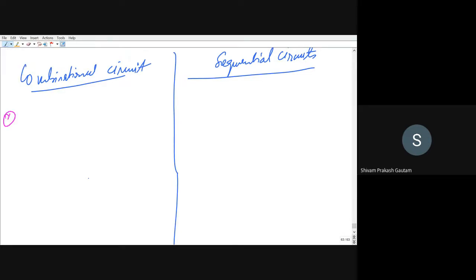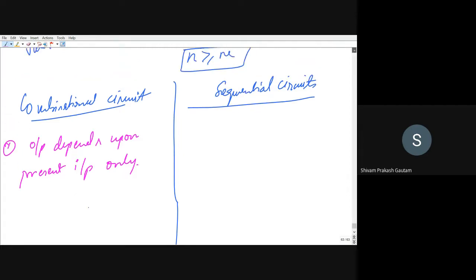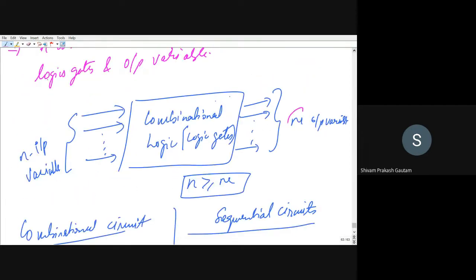First point: in combinational, the output depends upon the present input only. Whatever the output, it depends only upon the present input. For example, if m is the output here, it only depends upon the present input in a combinational circuit.